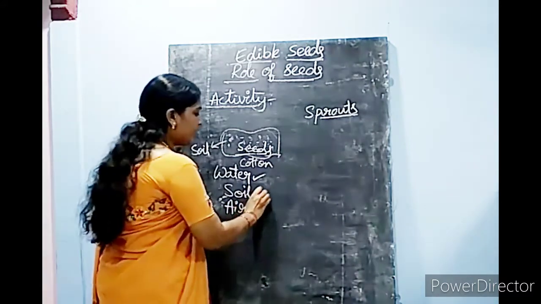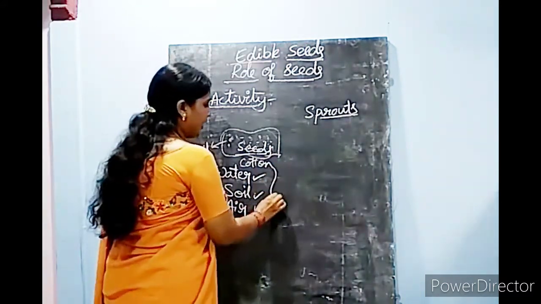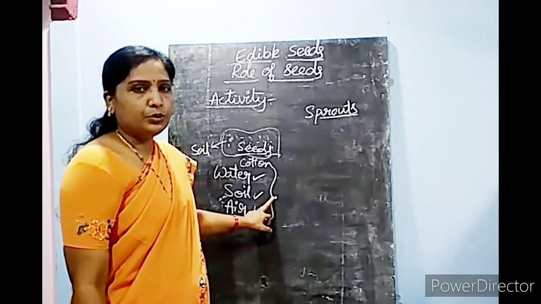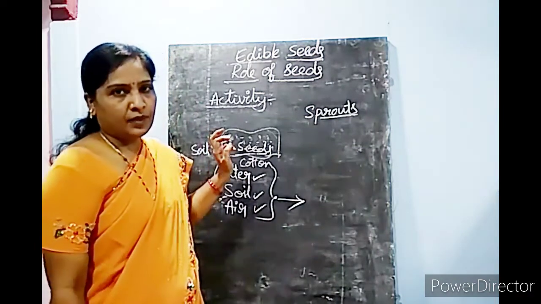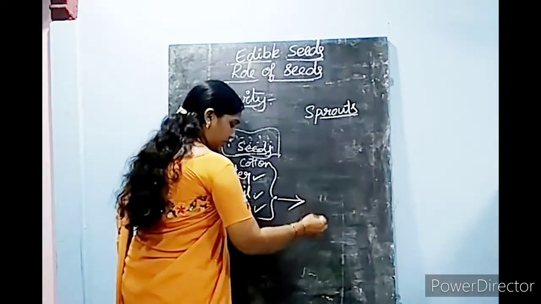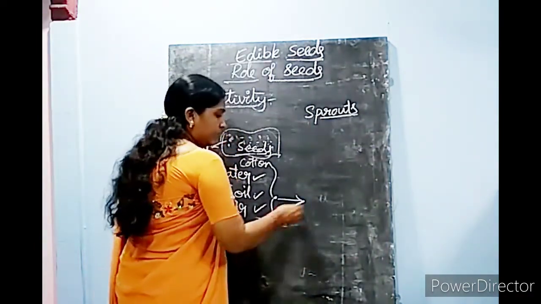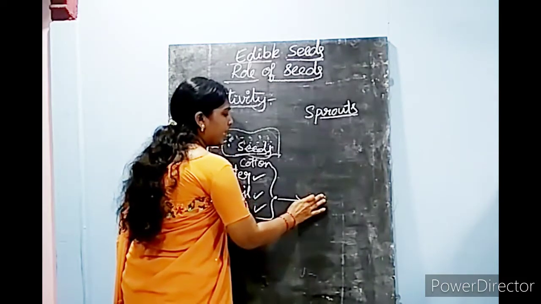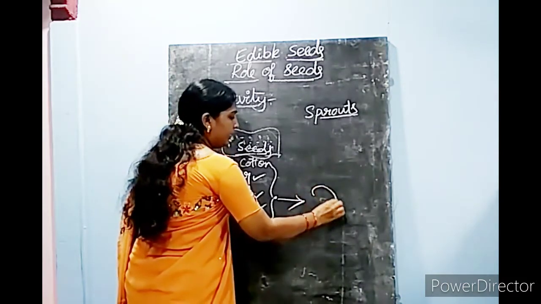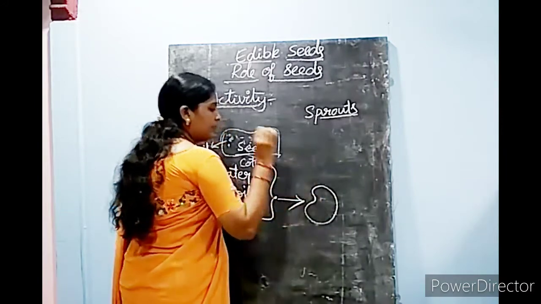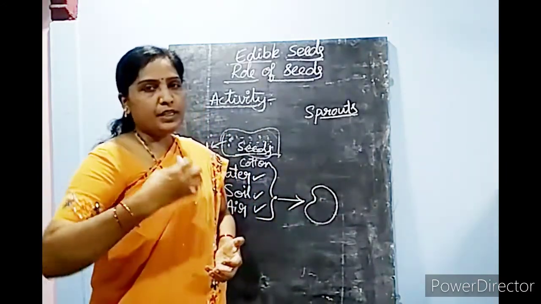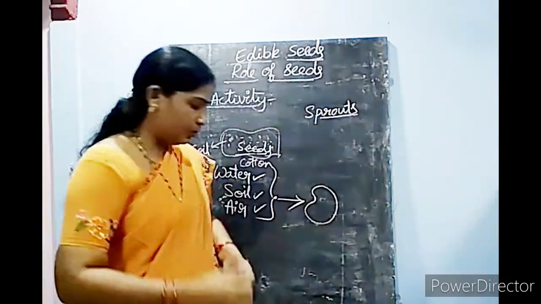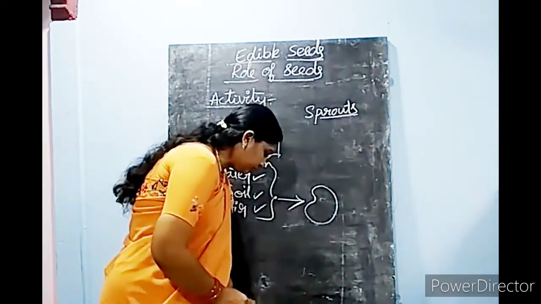And then what might happen after 2 days? After 2 to 3 days, what can you observe from this? Yes, you can see some small sapling. At a time, sapling will not come. There are different stages before a sapling or a baby plant comes like this.